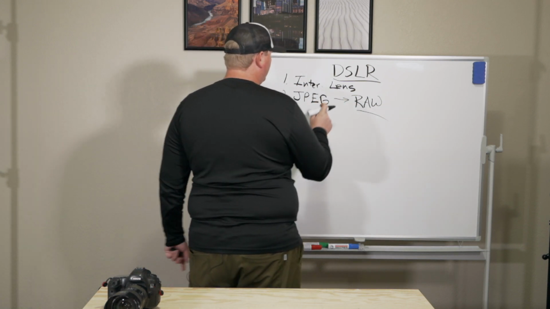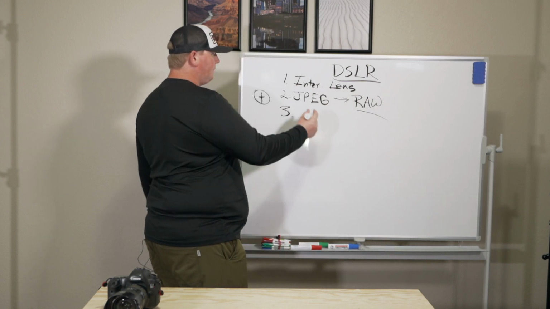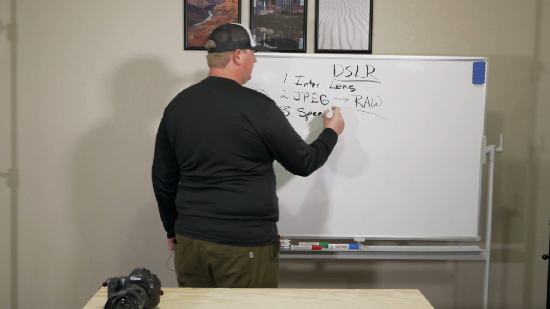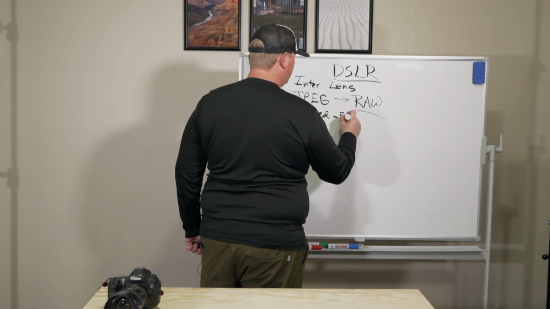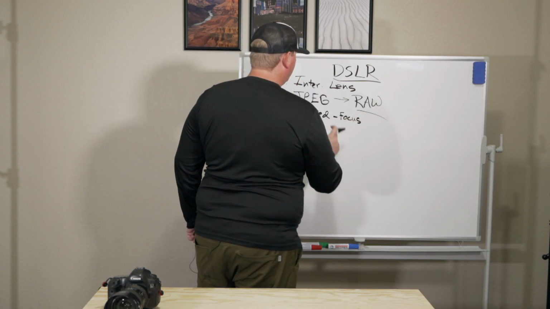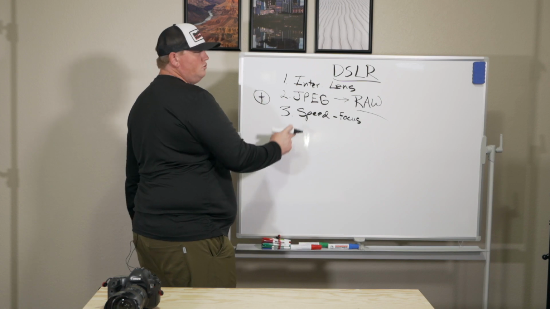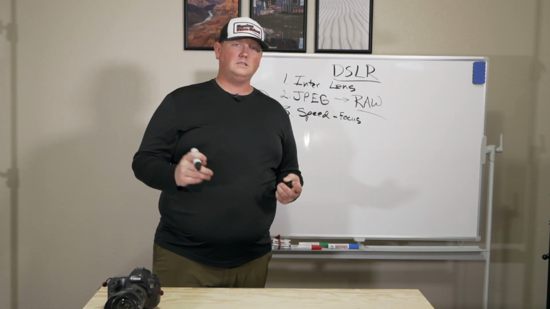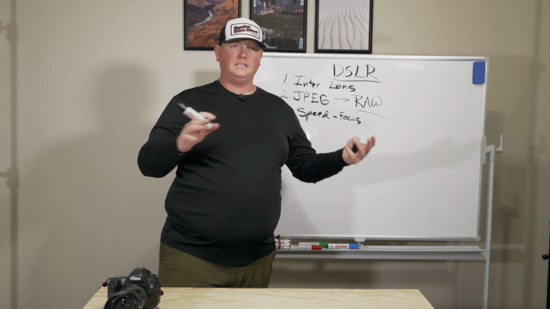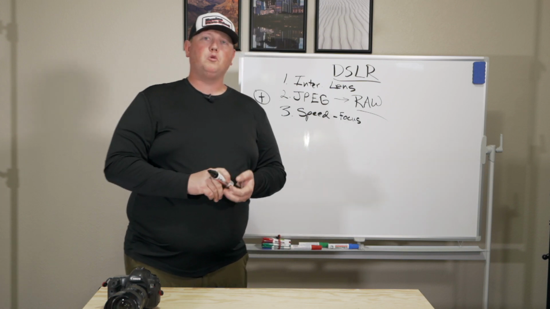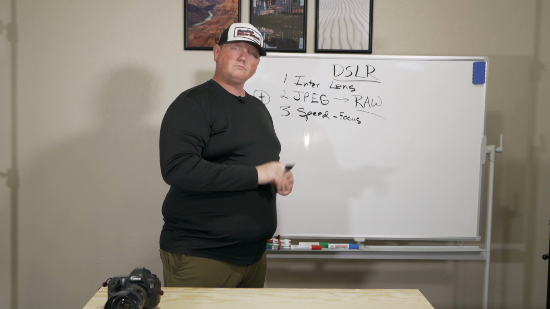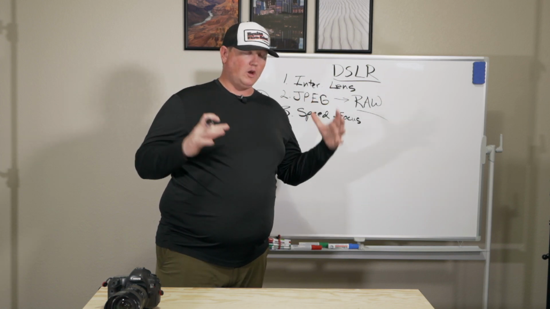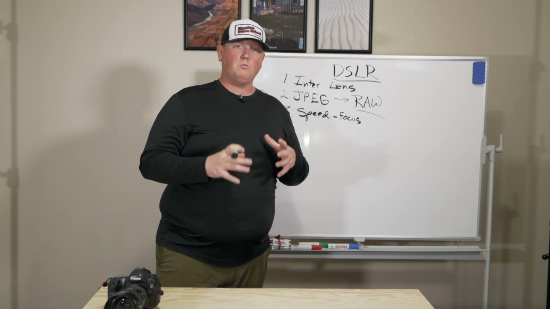Number three, the big pro here, speed. Let's just put focusing speed. Focus speed is huge on these. If you shoot sports and you have a 1D series or a D6 or whatever, the pro bodies from these manufacturers, Nikon, Canon, they're big flagship pro bodies.